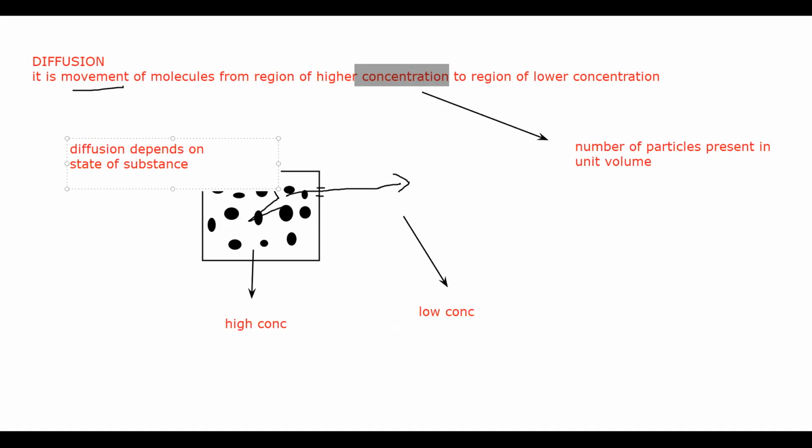It also depends on the molecular mass of the molecule. And it also depends on the temperature of the container or the temperature of the surrounding. So state of the substance, diffusion depends on what is the state of a substance.